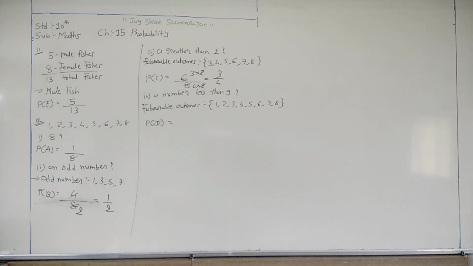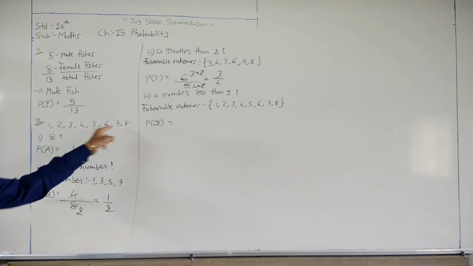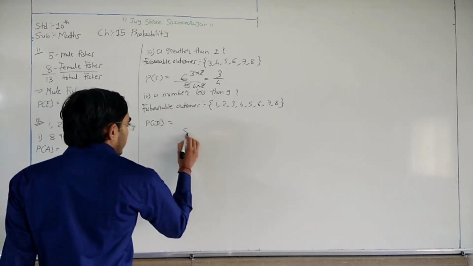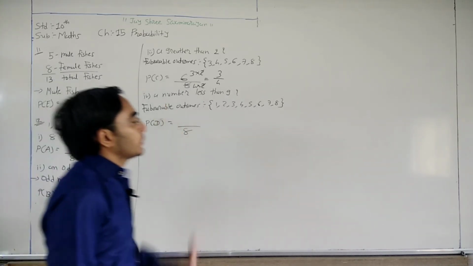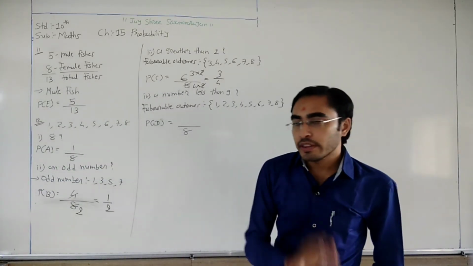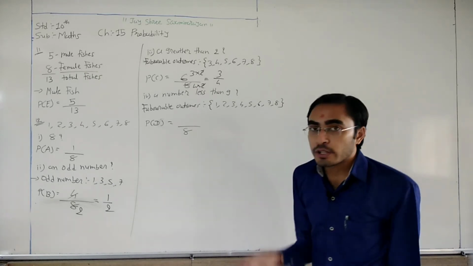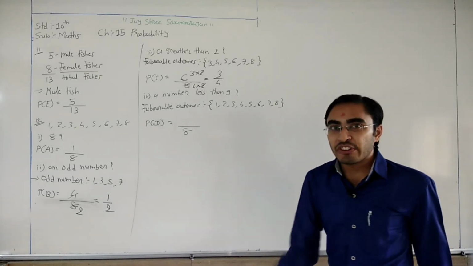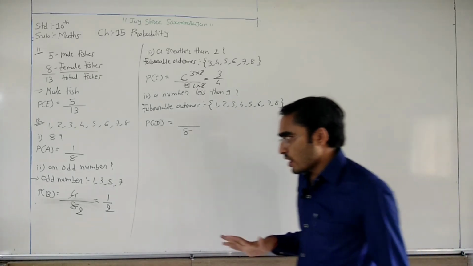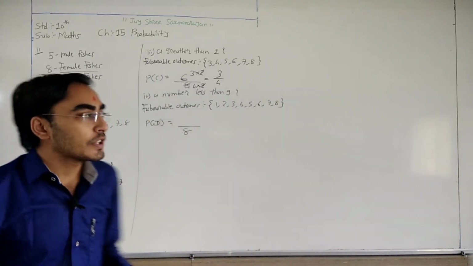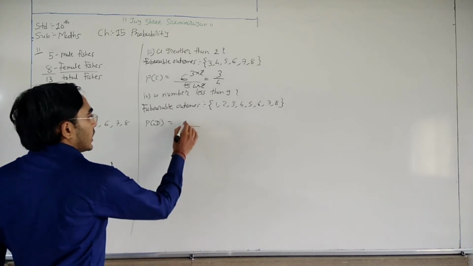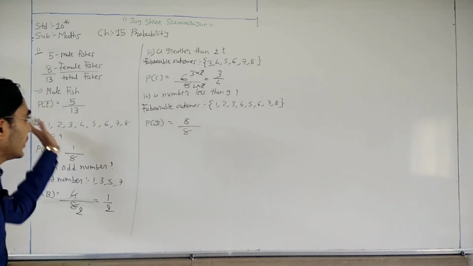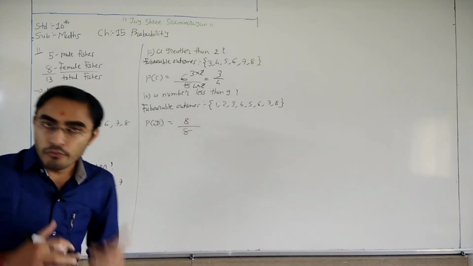Again, total outcomes. That means total numbers, that we have 8. Now favorable outcomes. Now we need to find the probability for a number less than 9. All the numbers, that means 8. So all these 8 numbers become our favorable outcome.